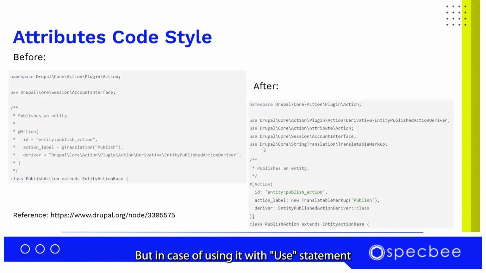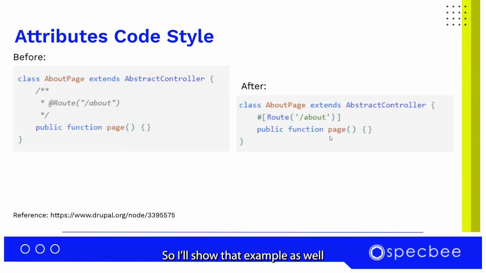But in the case of using it with a use statement, we can provide an alias, and then that alias can be used in our attribute section. So I'll show you that example as well, how we can alias a class, and that can be used in our attribute.